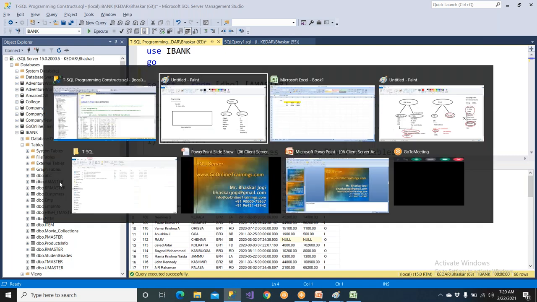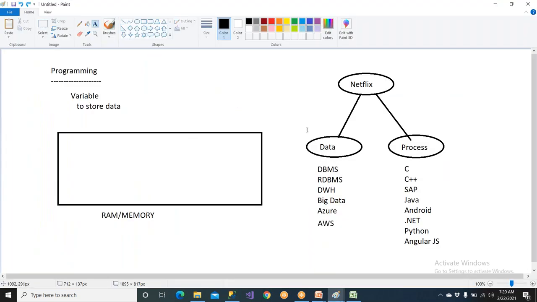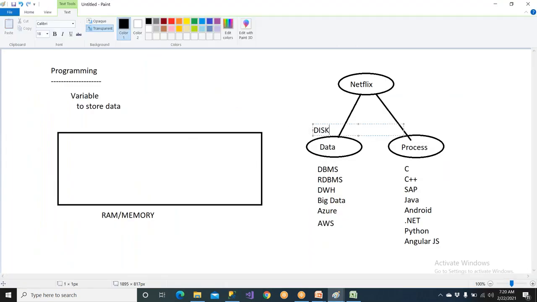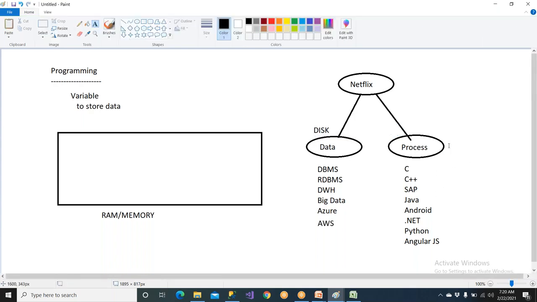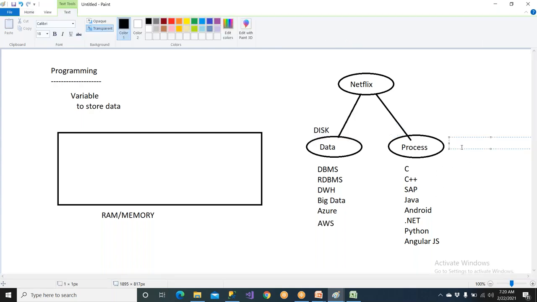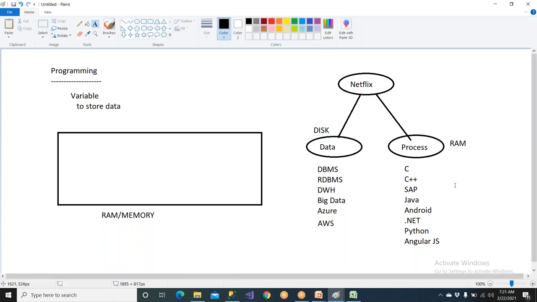Clear? So RDBMS technologies are going to use what is called a disk. Disk means hard disk. But any languages are going to use RAM. They never go to the hard disk to get something, and they cannot store. Already we discussed, any language does not go to the hard disk and do something.